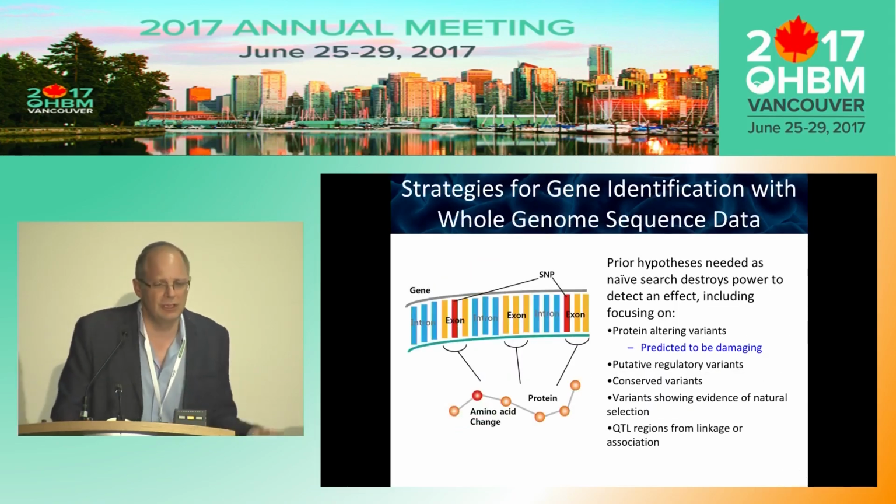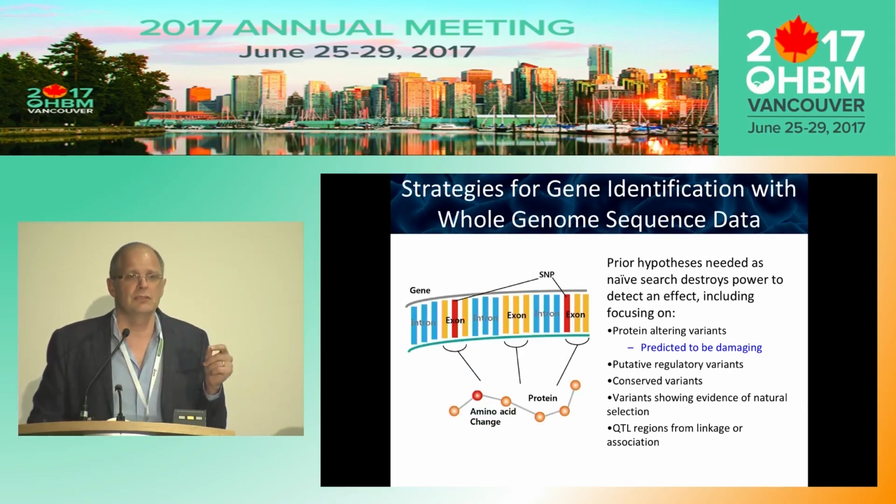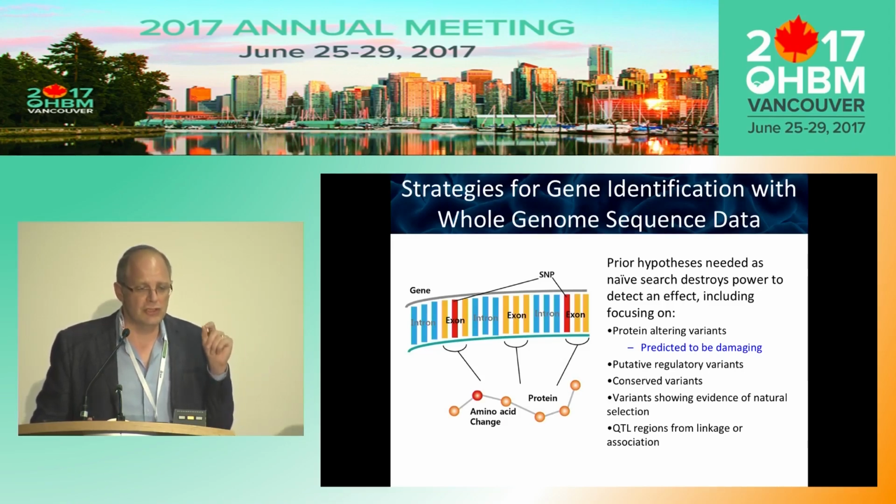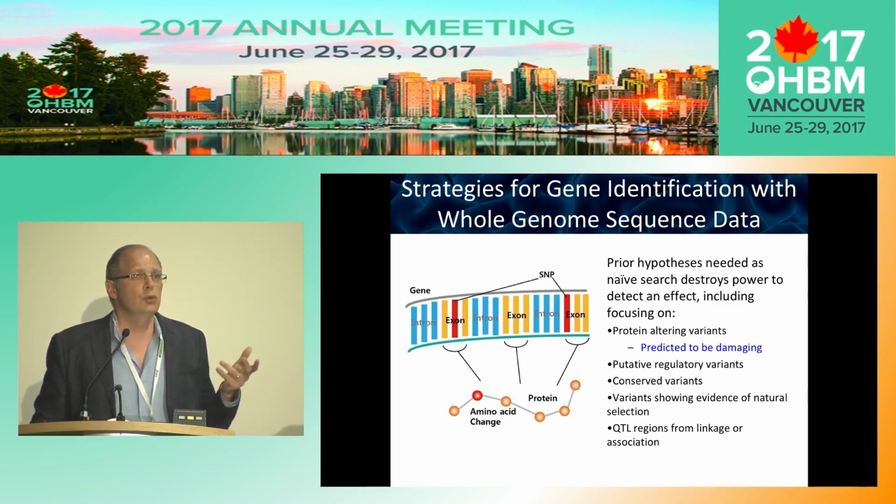So what we did is we searched the exomes, the areas of the genome that we think are involved specifically in creating protein, because a naive search of the whole genome space is just too large. We just don't have enough samples to be able to define that. So we wanted to reduce our search space.